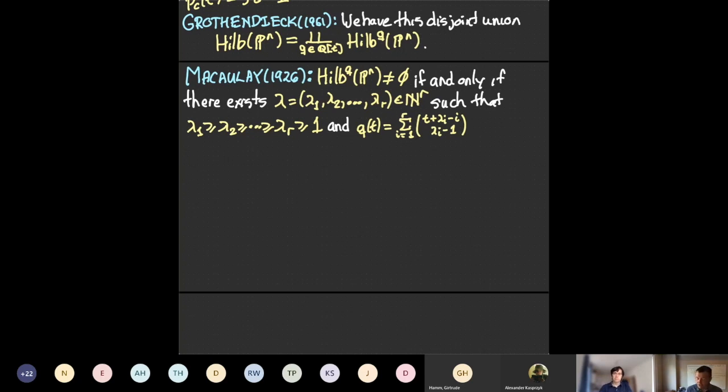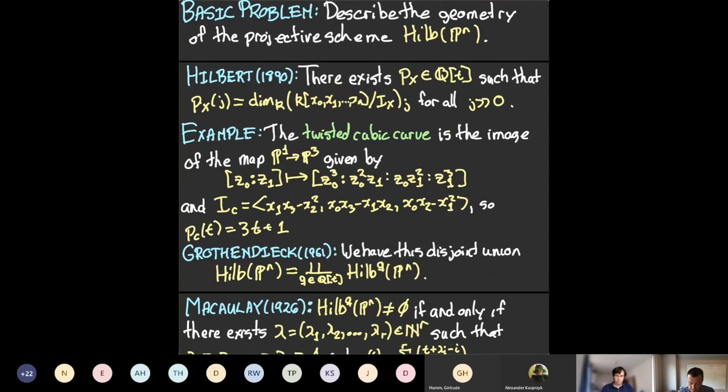This actually looks a little complicated, but you can just use the greedy algorithm to produce this. So maybe I'll back up and just have one example. If we take the Hilbert polynomial for a twisted cubic, I see that it has degree 1. There's a linear term. So I do the greediest thing I can, and I take my biggest lambda to be 1.